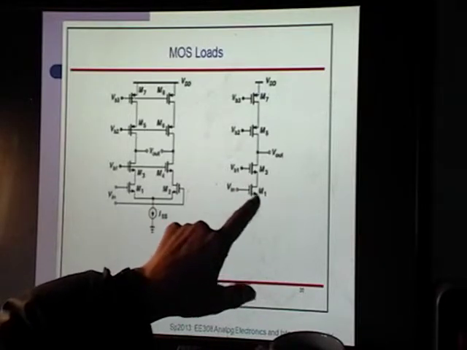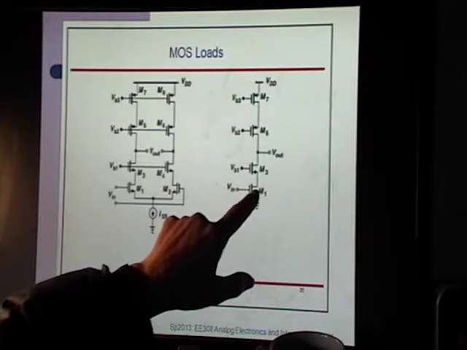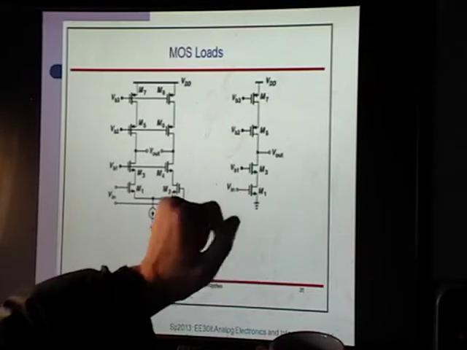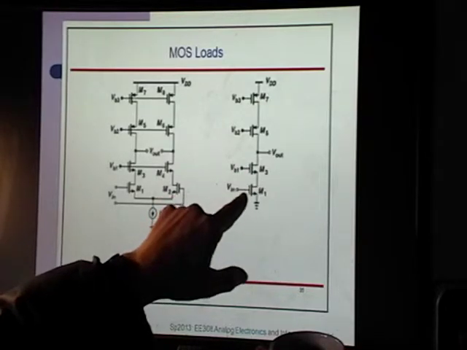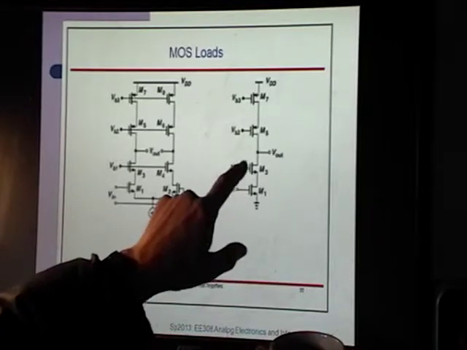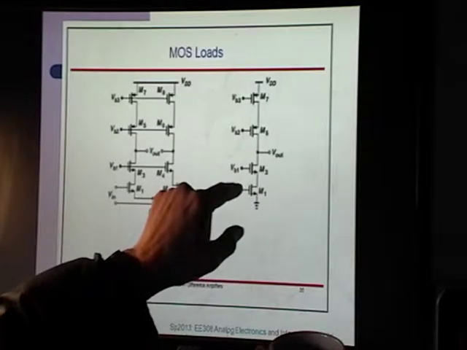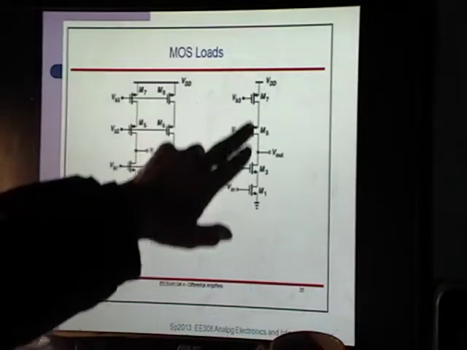Now VGS becomes 0, the current source goes away, and you just have RO here, which gives you degeneration of your amplification, which actually kills your gain. So when you're doing cascoding, make sure that Vin is on the bottom. If Vin is up here, this turns into a resistor, and all you're getting is degeneration, which has the opposite effect. Okay, so this is cascoding.